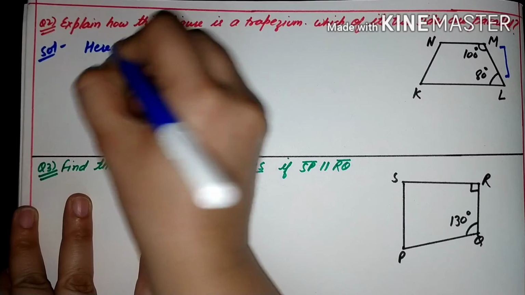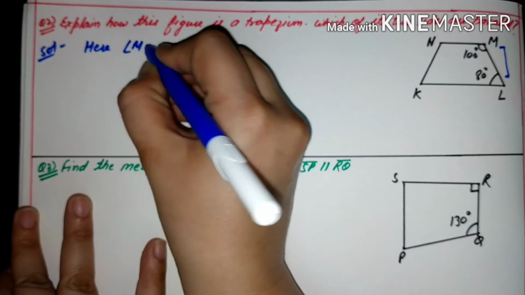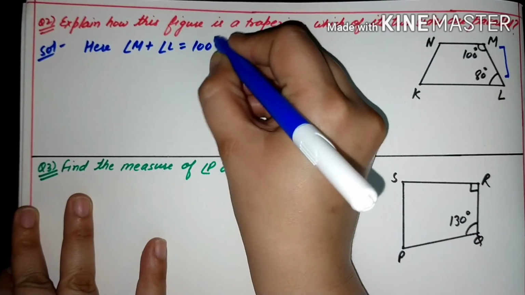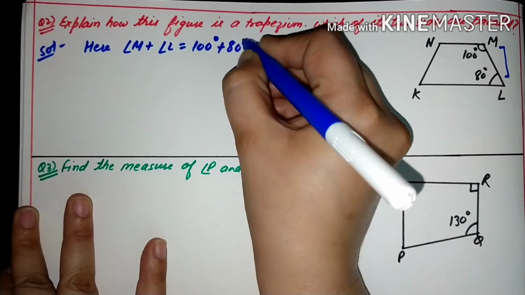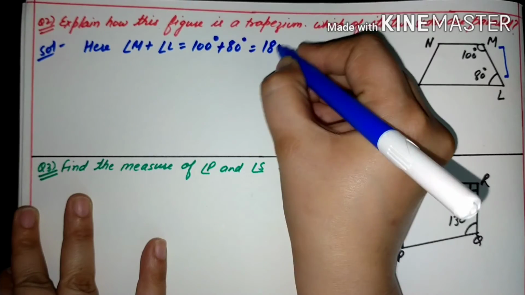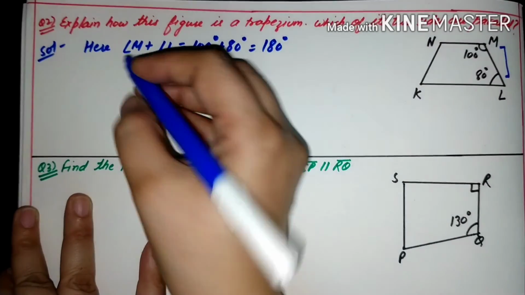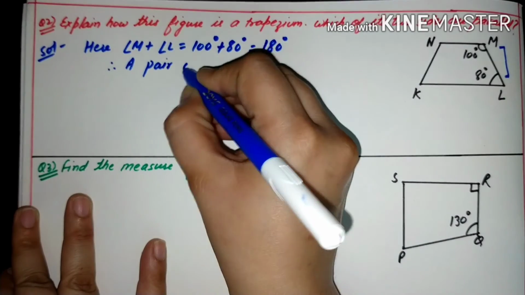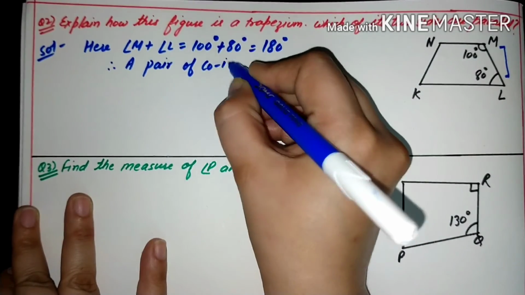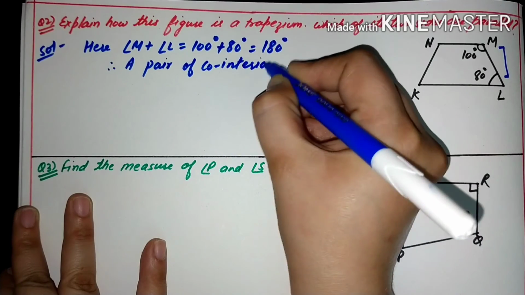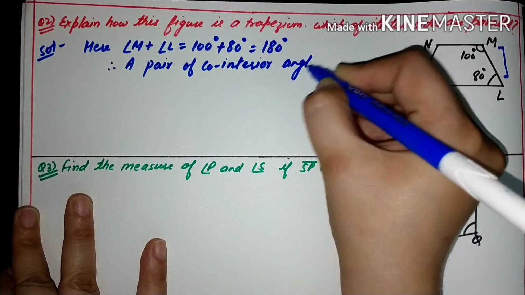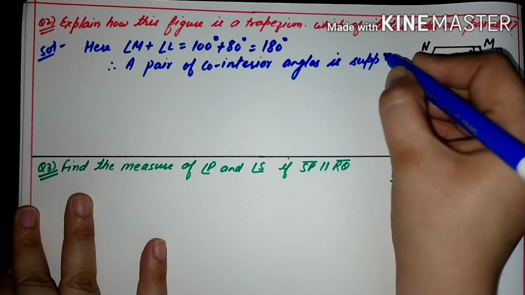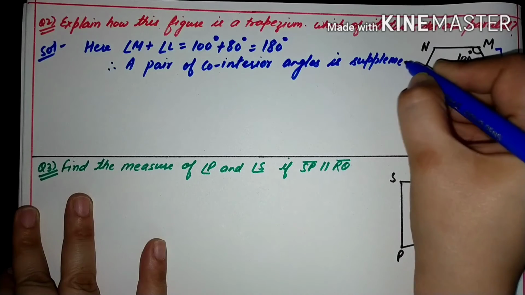Here angle M plus angle L, that is equal to 100 degree plus 80 degree, this is equal to 180 degree. So therefore a pair of co-interior angles is supplementary in this case.